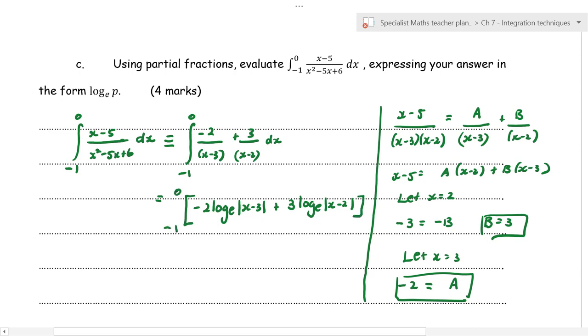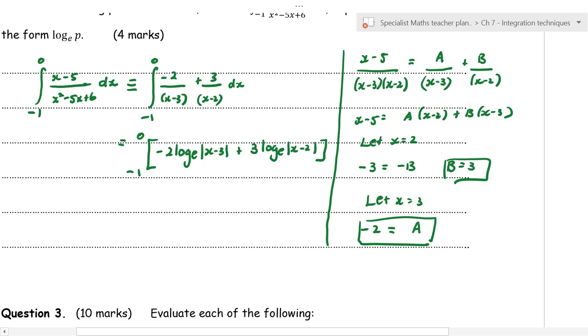But we could probably do a little bit of cleaning up here if we wanted to with our log laws. Or we could just simply sub it in. Up to you. Let's just sub it in, shall we? Now, because it's the absolute value sign, I'm going to sub in 0 first.